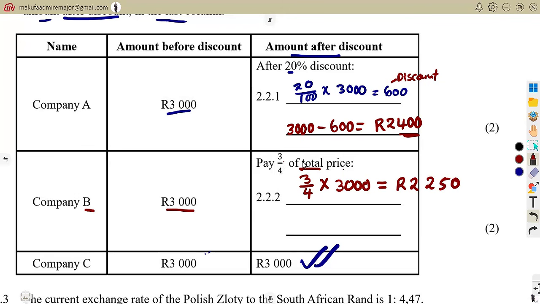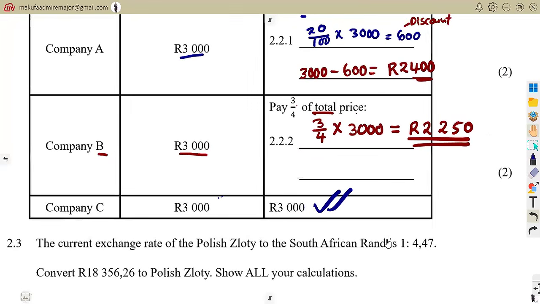This is what you're paying at the end. We are not going to subtract anything. A discount is a minus, but if you're told you are going to pay half of this amount or 1/4 of this amount, we just have to calculate. If it is half of the amount, you just multiply half times that amount. For 3/4 of the amount, you just take 3/4 of that amount. That is what you're going to pay.